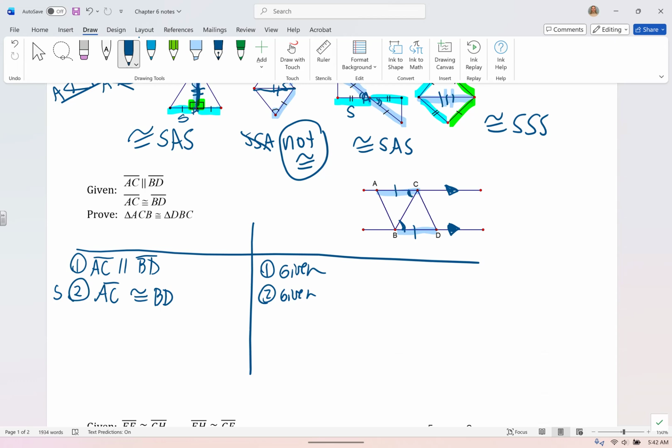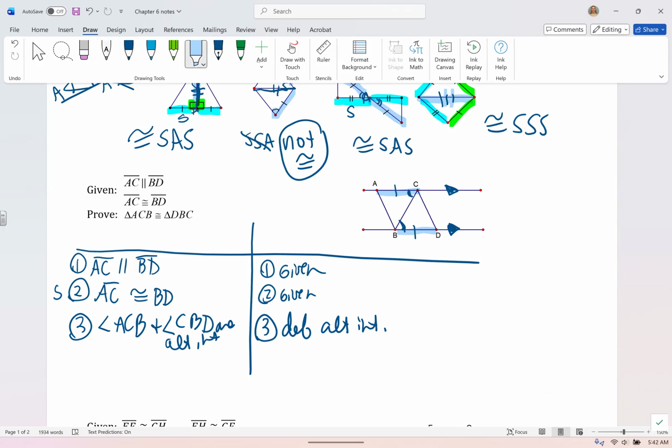And so we're going to call them out to say, hey, angle ACB and angle CBD are alternate interior. Why? Definition of alternate interior. And then remember, if they're parallel and they're alternate interior, what has to be true?